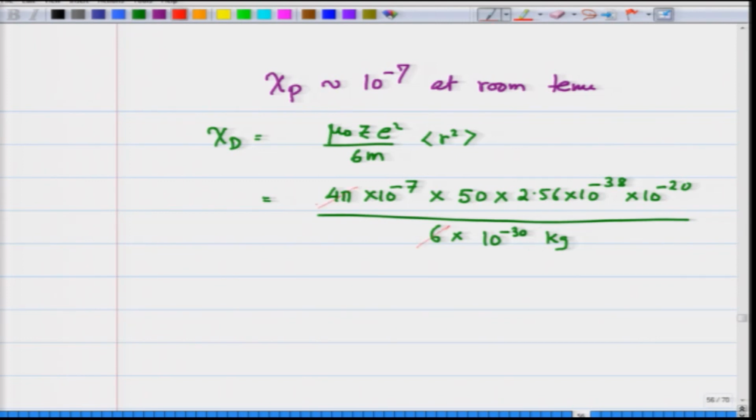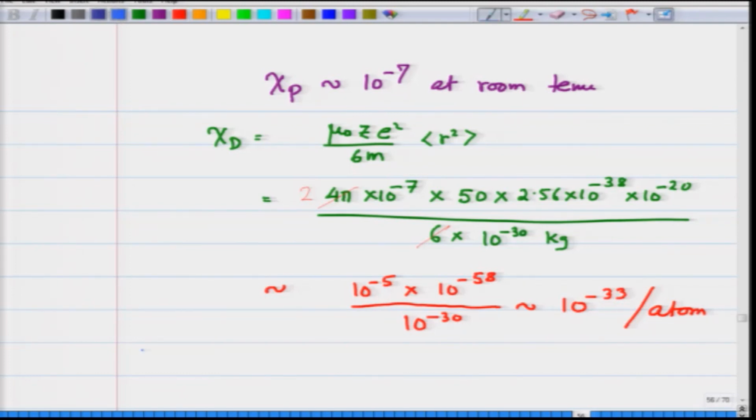6 and 4 pi, I can just write this as 2. So, this becomes about 2 times 50 is 100 times 10 raised to minus 7 is 10 raised to minus 5 times 10 raised to minus 58 divided by 10 raised to minus 30, which comes out to be of the order of 10 raised to minus 33 per atom.